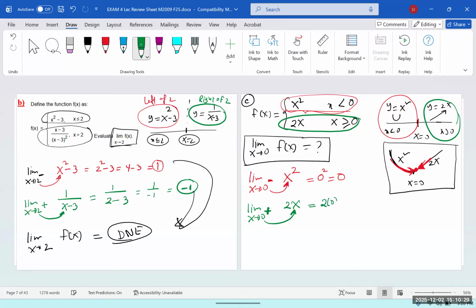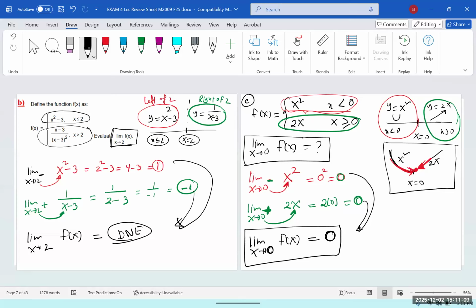So you get 2 times 0, and that is 0. Now what do you observe? When you walk from the left, your y value is 0. When you walk from the right, your y value is still 0. So both the left and the right give you the same y value, 0. So the question they ask us, what's the y value of this function when you walk from the left and from the right? The answer is 0 because both of the numbers are 0.